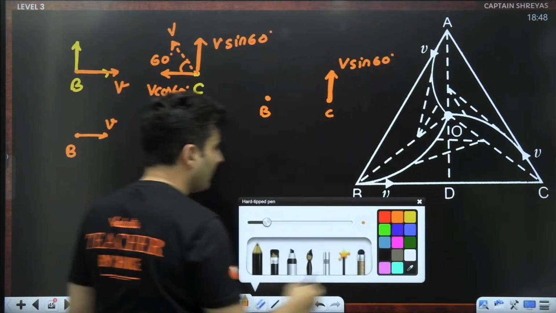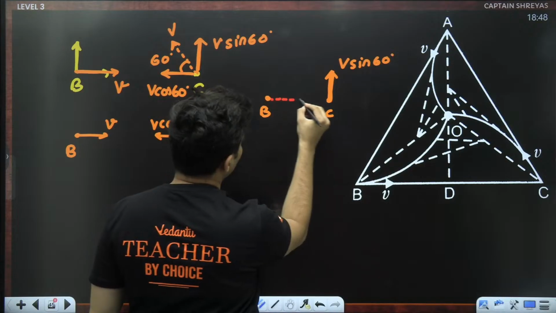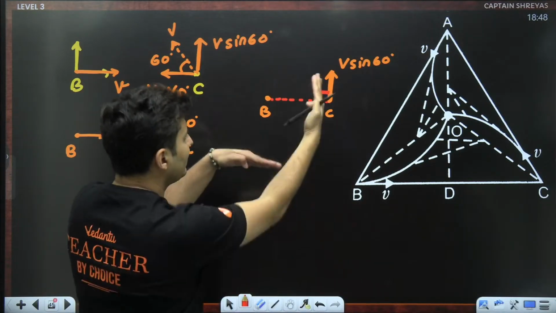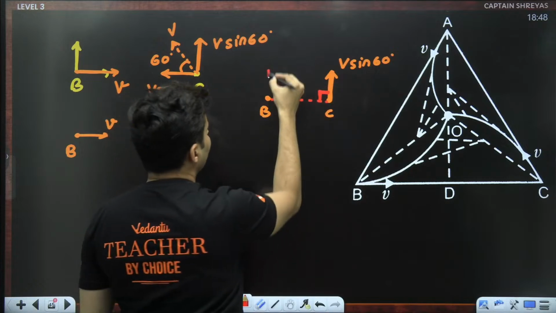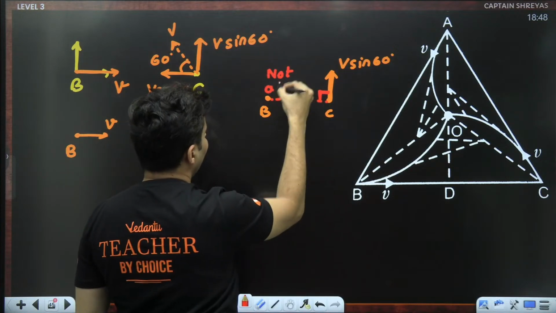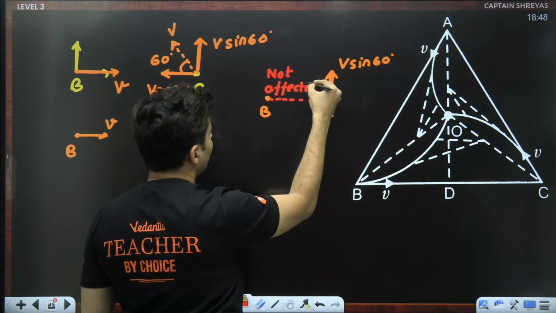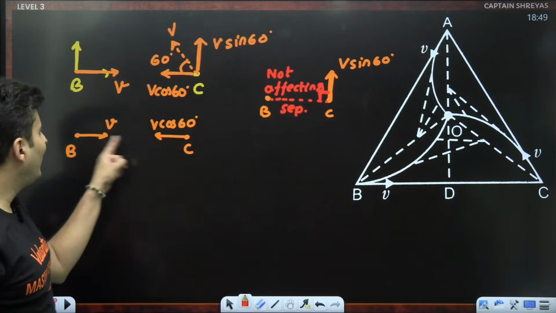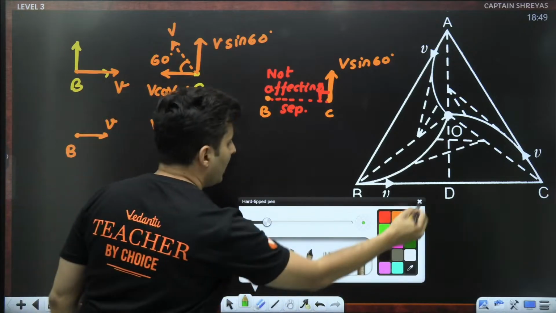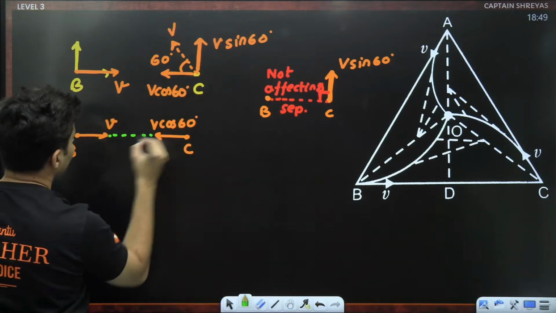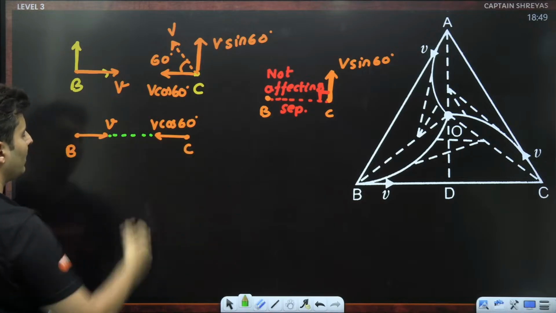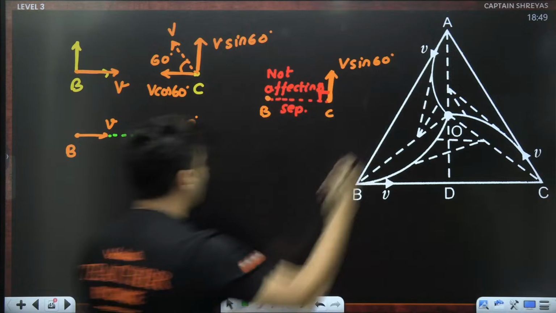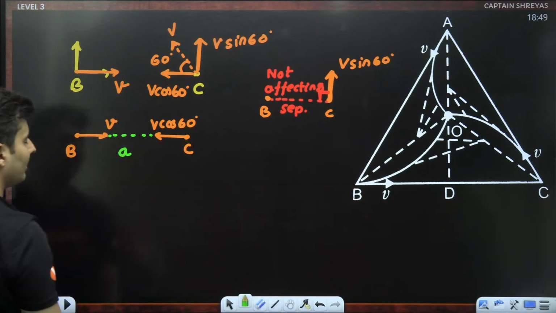Because of this perpendicular component, realize this distance is not changing. It is perpendicular. That velocity is not affecting this separation. Whereas the cos component, 100% guarantee, guys, the separation is being affected because of that.